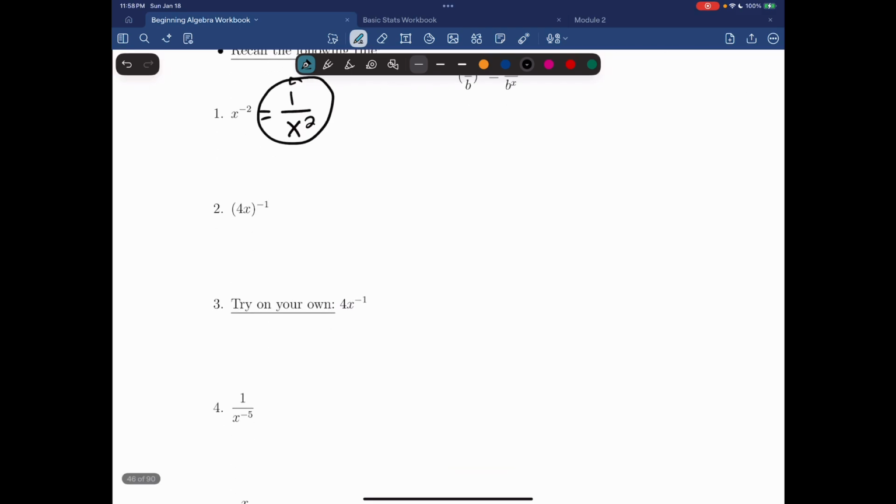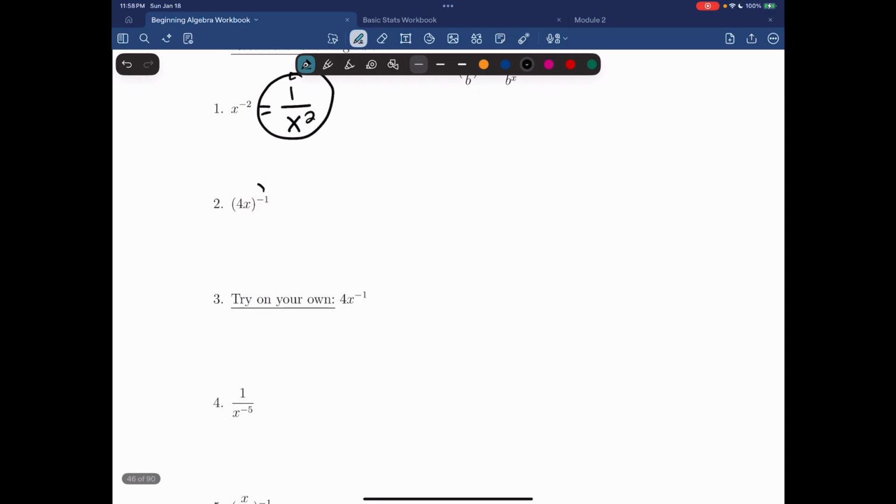Looking at example number 2, we have 4 times x all raised to the negative 1 power. Since this whole thing is being raised to the negative 1 power, we're going to have to distribute that negative 1 to the 4 and the x. So this becomes 4 raised to the negative 1 power times x raised to the negative 1 power. Well, 4 to the negative 1 power becomes 1/4 raised to the 1 power.